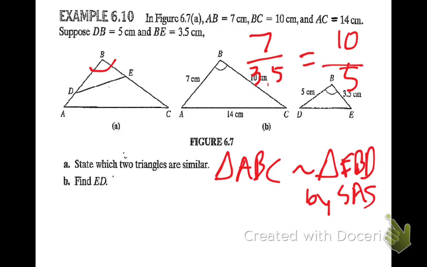Okay. So now how are we going to find ED? Somebody tell me how to set that up. How would I find ED? Emma, how would I find ED? Could you use the 1/2 ratio? 1/2 ratio equals what? X over 14. Yeah, equals ED over 14.